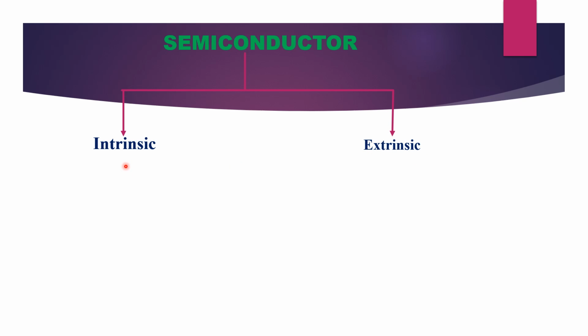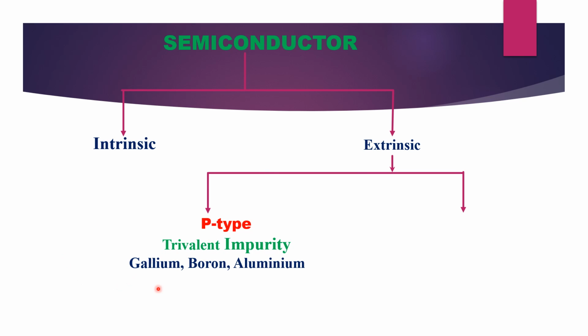Intrinsic semiconductors are pure semiconductors like silicon or germanium, while extrinsic semiconductors are produced by doping the pure semiconductor with a small amount of certain impurity. Therefore, extrinsic semiconductors can be further classified as P-type and N-type semiconductor material, depending on the doping impurity atom.